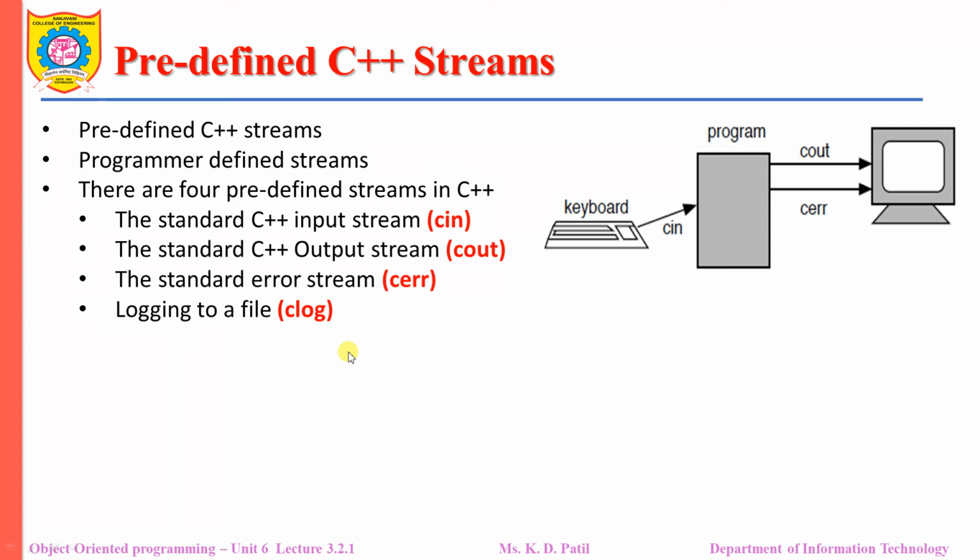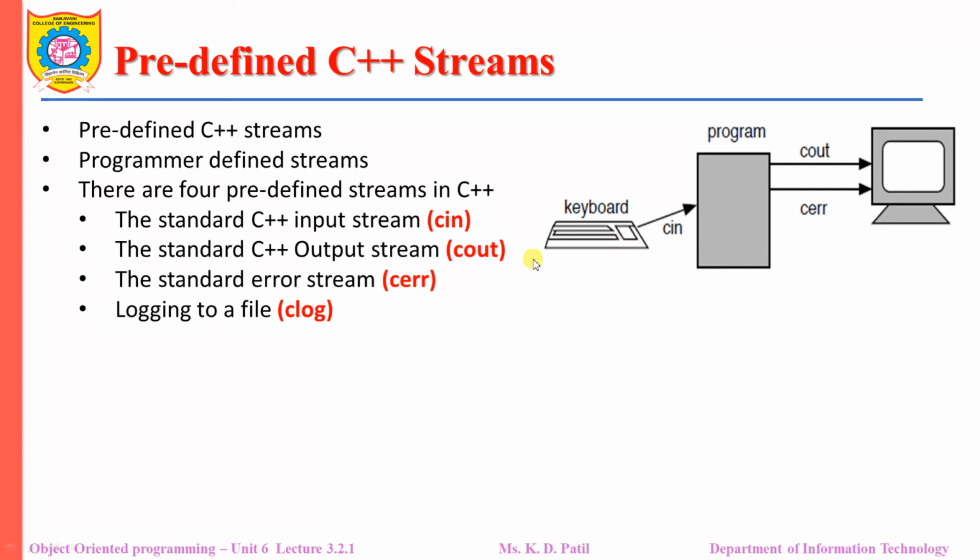The cin stream is the standard C++ input stream. It is connected to the user's keyboard almost all the time, but sometimes you can connect another input device also. Most systems permit cin to be redirected so that the data comes from a file instead.